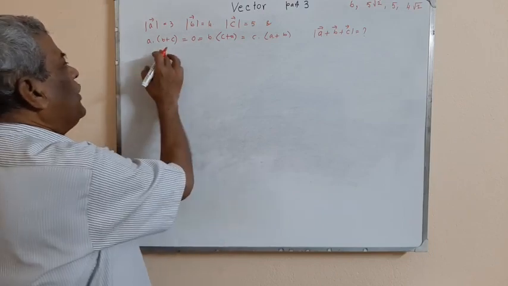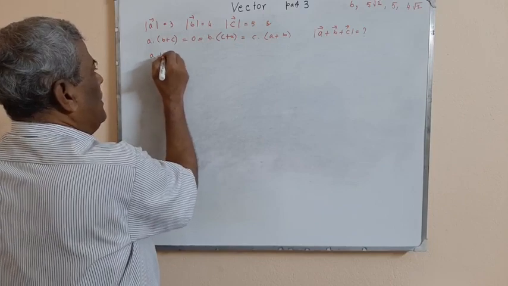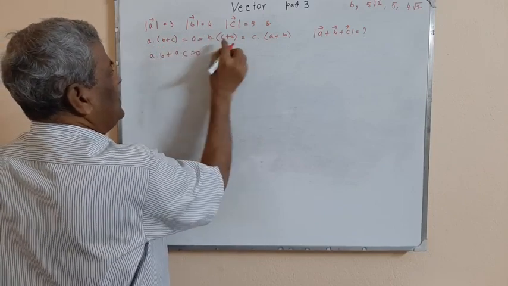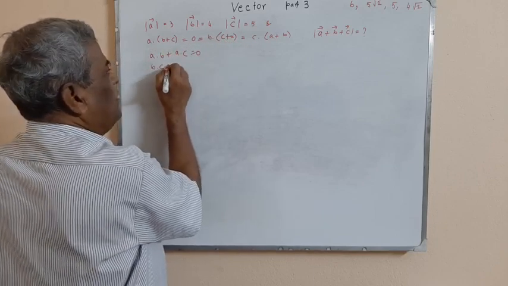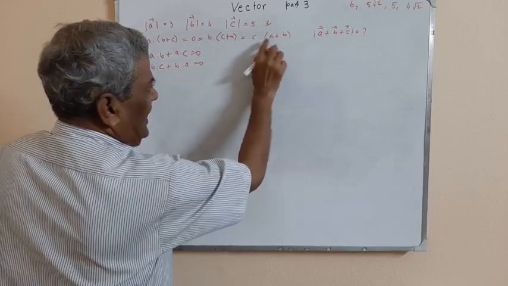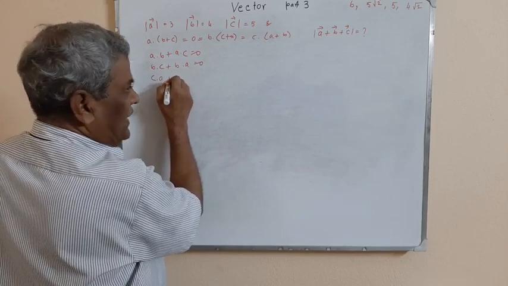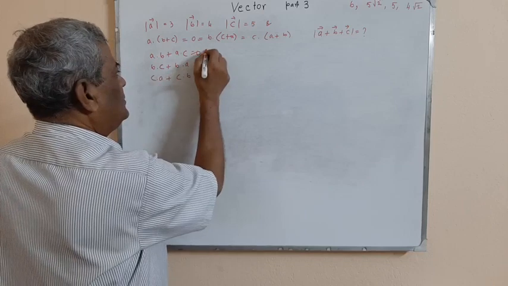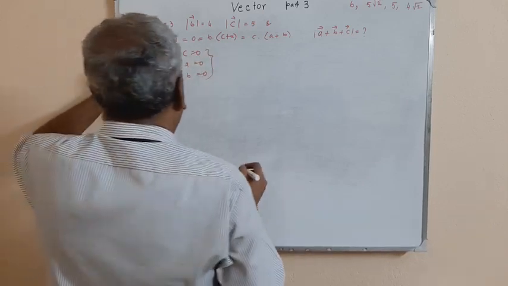From this, A dot (B plus C) is equal to 0 means A dot B plus A dot C is equal to 0. Similarly, B dot C plus B dot A is equal to 0, and C dot A plus C dot B is equal to 0. We are given these three things.